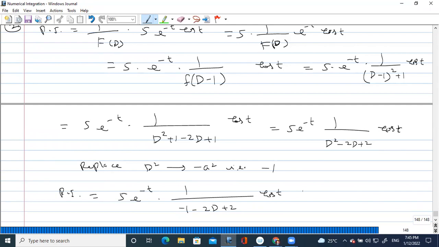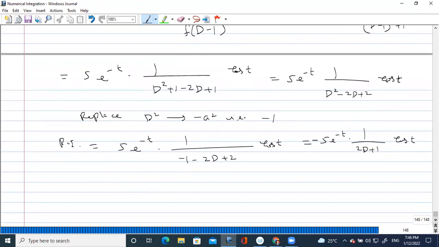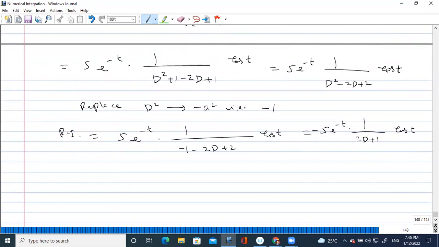So minus 2D, 5 e to the power minus t 1 divided by minus, you can take common here, it will be 2D plus 1 into cos t. Now again to solve it further, what I told, you have to make the coefficient of D 1. So 2 you can take common here. So it will be minus 5 by 2 e to the power minus t 1 by D plus half.